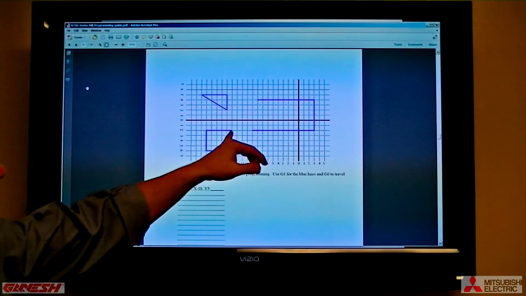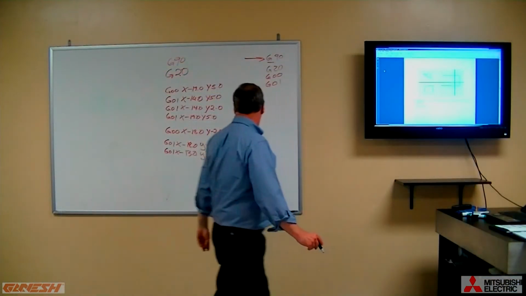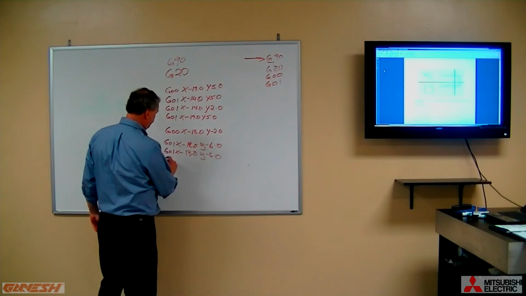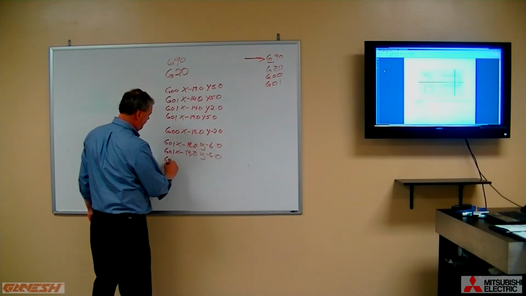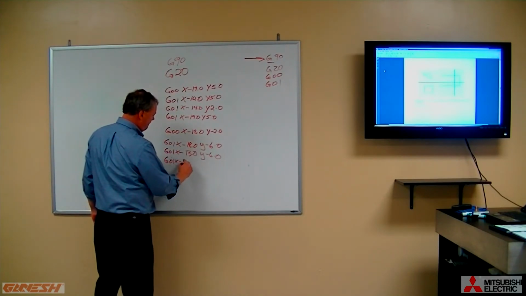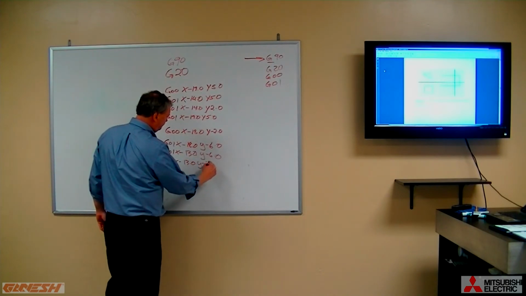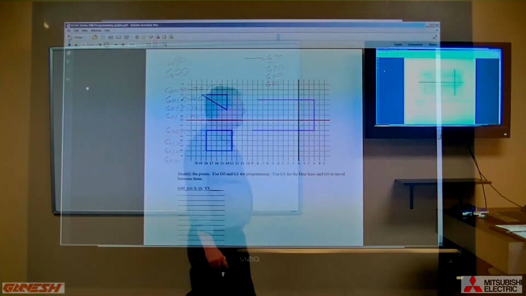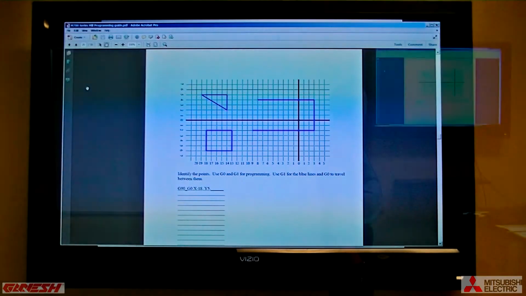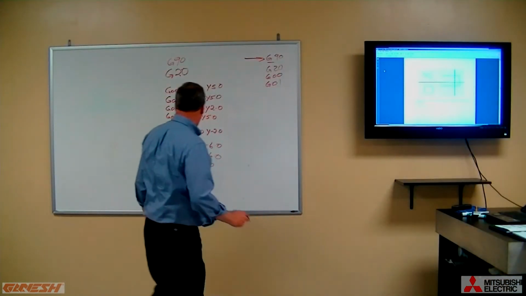And now we want to move back up to there. So now we move x minus 13, y minus 2.0. And now back to the start point, x minus 18, y minus 2.0.